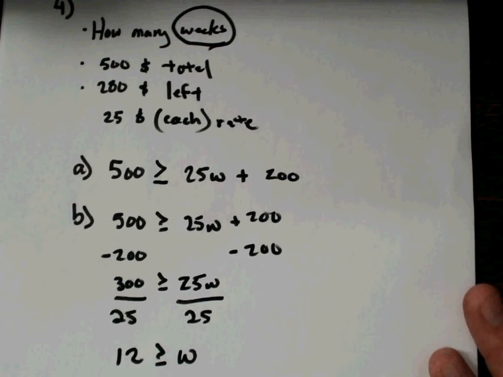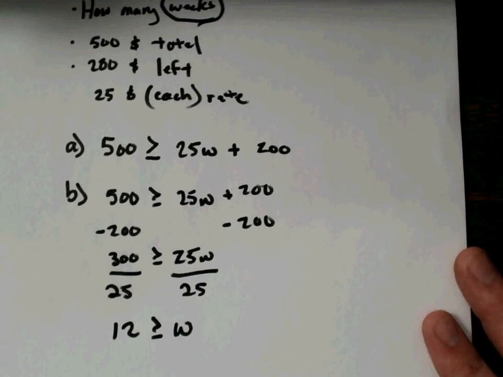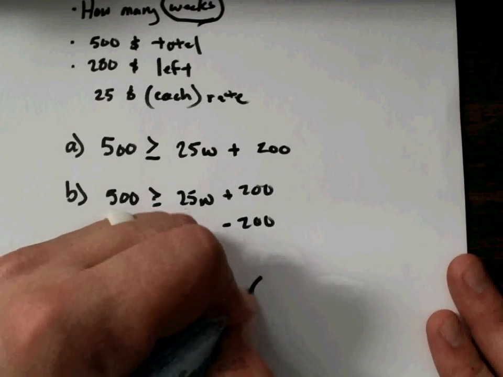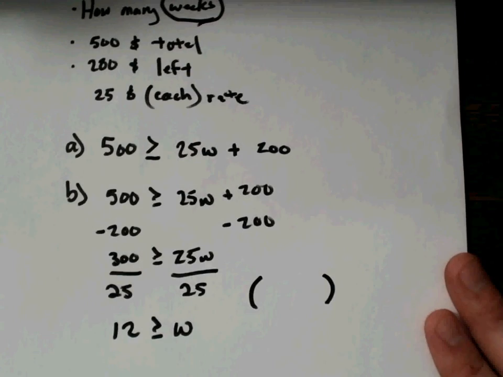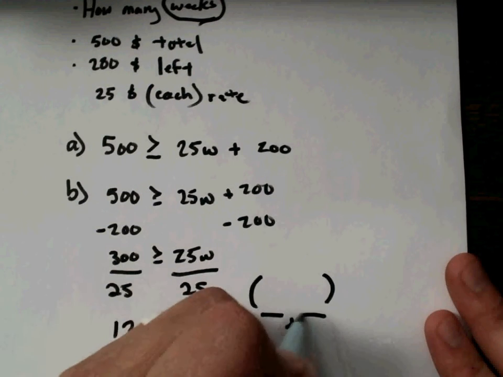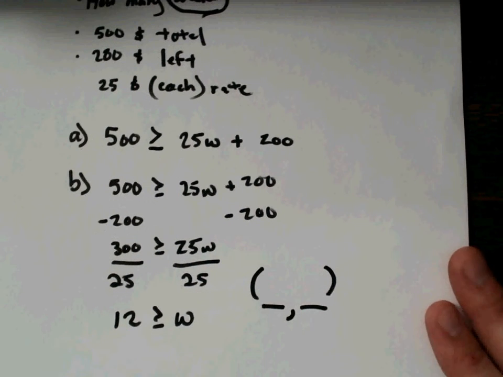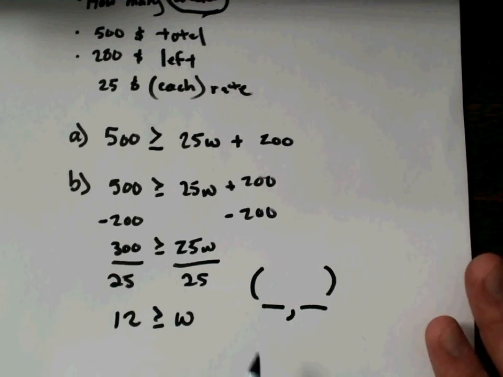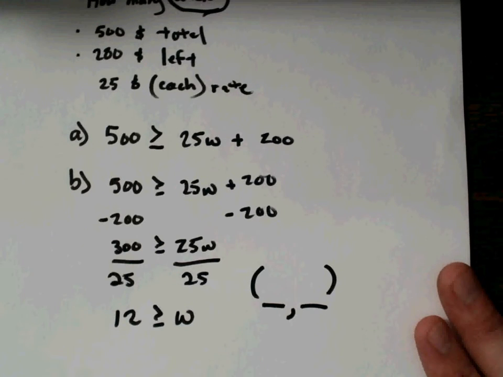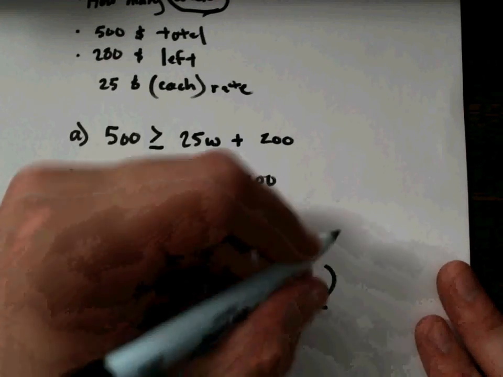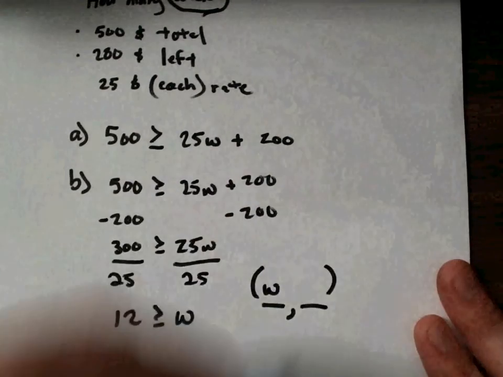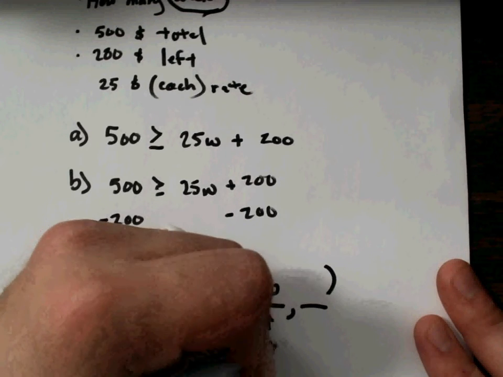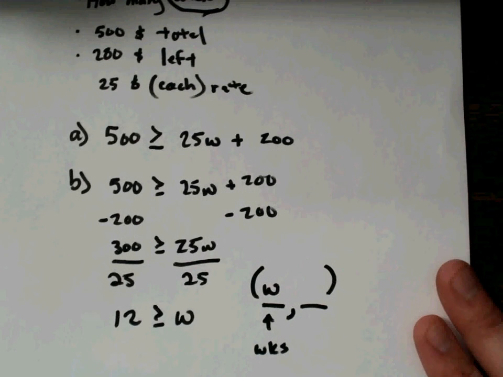It's in weeks, right? Now, just a side note before we plot it. If I was doing this in coordinate form, here is my domain, here is my range, correct? What represents the domain variable? We don't have an x in there, do we? So what represents the domain variable? Good, I heard you over there. W, which is weeks, correct?